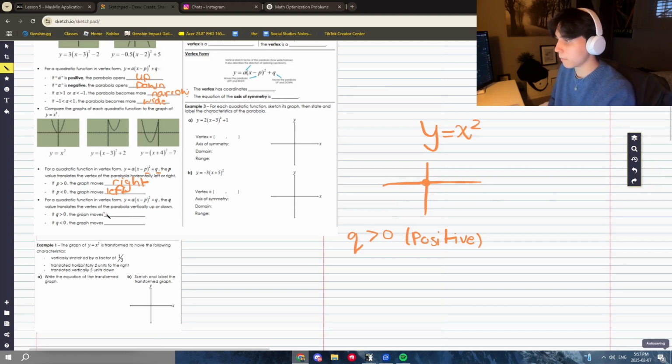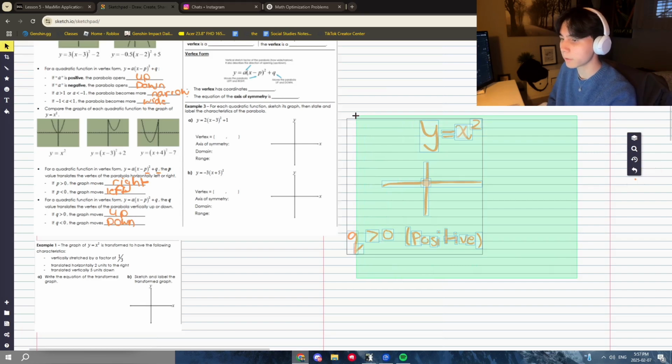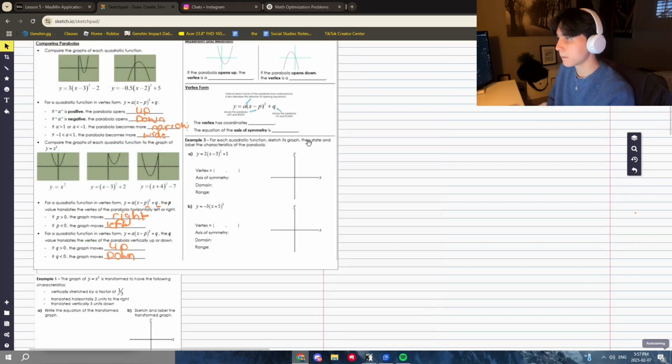So we're going to say the graph moves up, and if it's negative, it'll move down. And those are just a couple of characteristics to be noted about vertex form and what you can actually learn from vertex form.